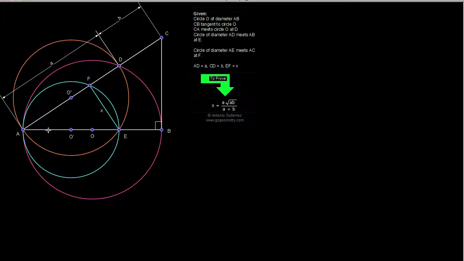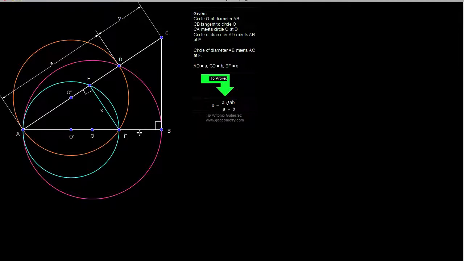Notice that, so what do we have? We have AFE inscribed in this semicircle right here. So we know that an angle inscribed in a semicircle gives us a right angle. So we know that this is a right angle right here. Okay. So far we have two right angles.